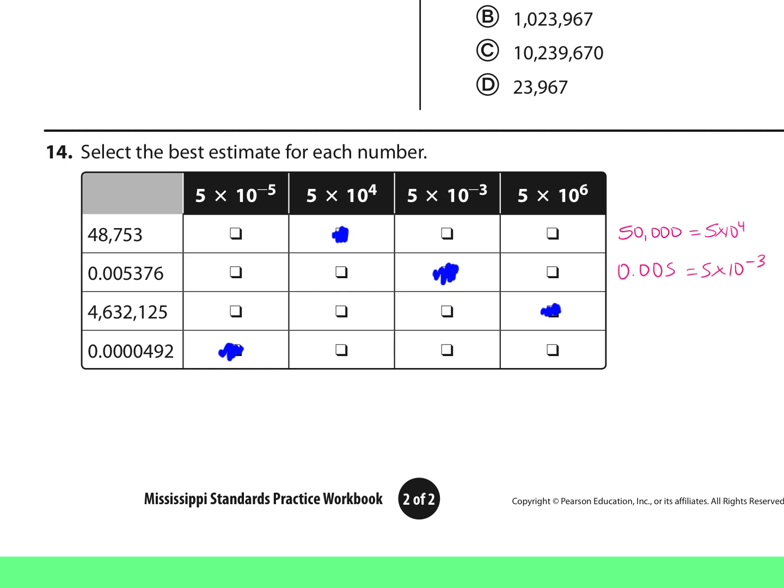The third choice, rounded, is about 5 million, and that's 5 times 10 to the 6th power. The last choice, rounded, is 0.00005, which is 5 times 10 to the negative 5th power.